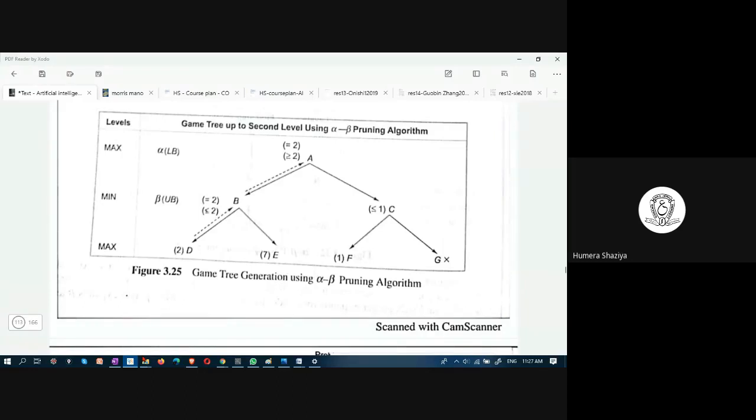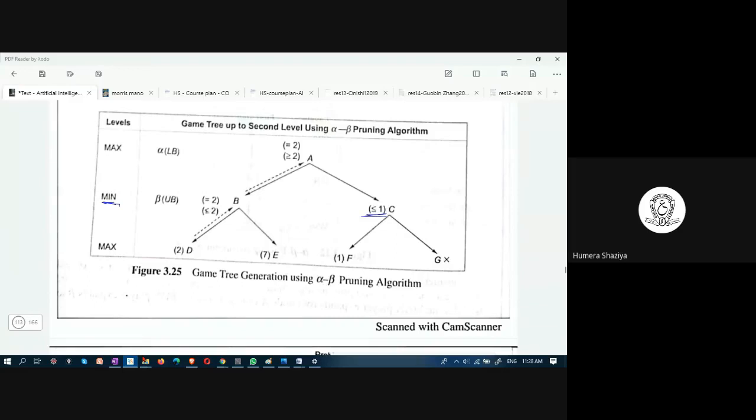So the min node would not choose anything going this path because its criterion here is less than or equal to 1, and here it got 1, so it chooses 1, and whatever the value here is, it is not considered. Here for min, it is less than or equal to 2.